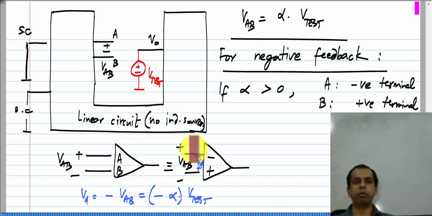Okay. So, the input voltage, the input difference voltage VD of the op amp must be some negative number times the output of the op amp. That is when the op amp is in negative feedback. If it is some positive number times the output of the op amp, it will be in positive feedback. Okay. So, I hope this is clear, and it will become clearer after I do the example.